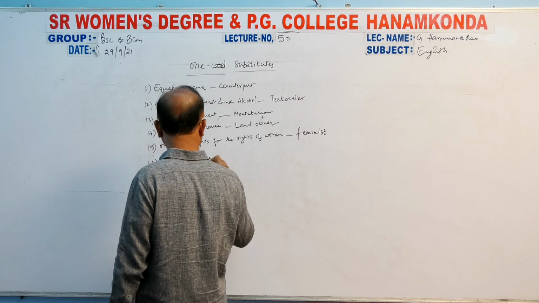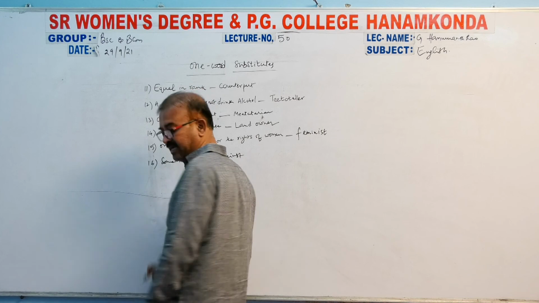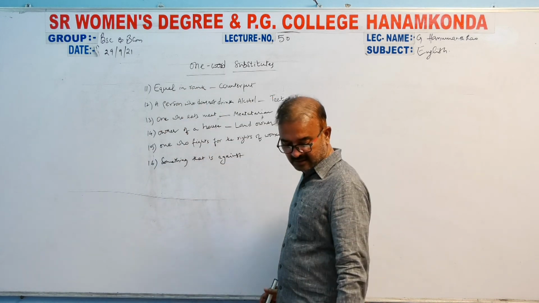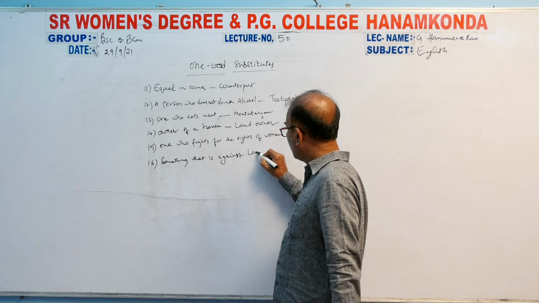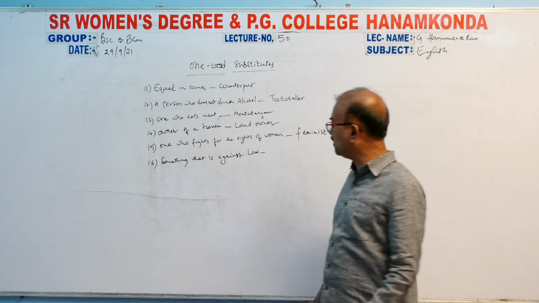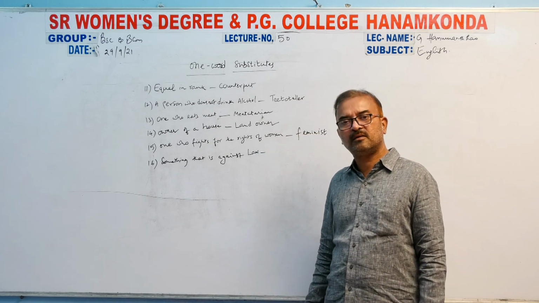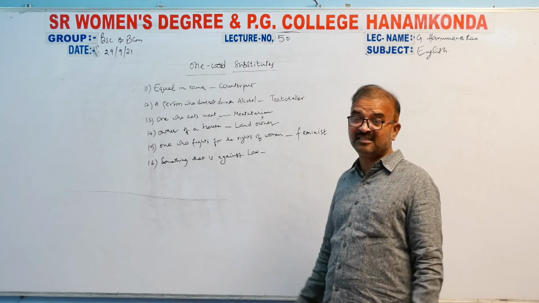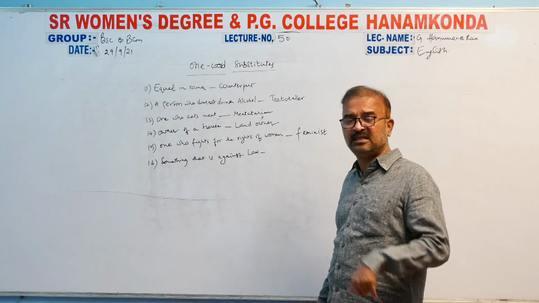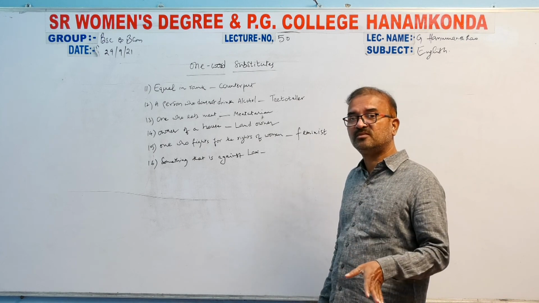Something that is against the law. What is that? Some things happen in society which go against the law.